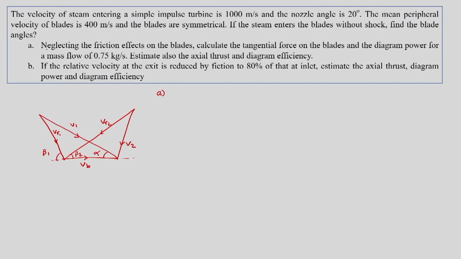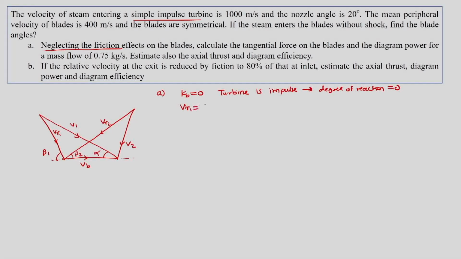For A, we are said that we have to neglect the friction factor. So, Kb is equal to 0. We have been told that the turbine is impulse turbine. Okay. So, since the turbine is impulse, we have degree of reaction equal to 0.